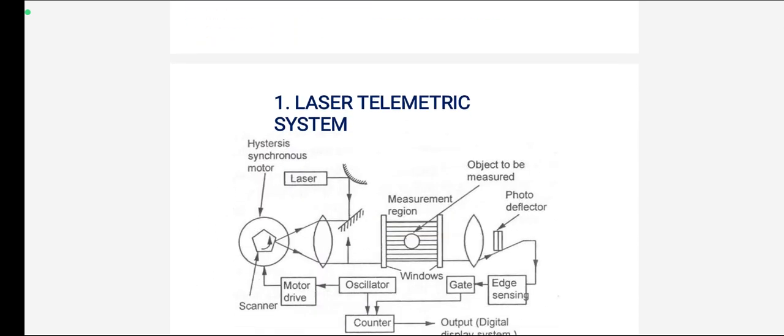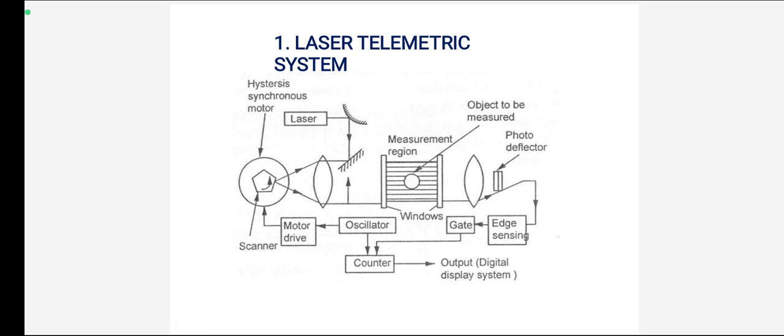So first one is laser telemetric system. This laser telemetric system is used to measure the length of the object or distance between the object to be measured. Here the hysteresis synchronous motor, the motor drive and oscillator counter, edge sensing and photo deflector, and the measurement region, the object to be measured.